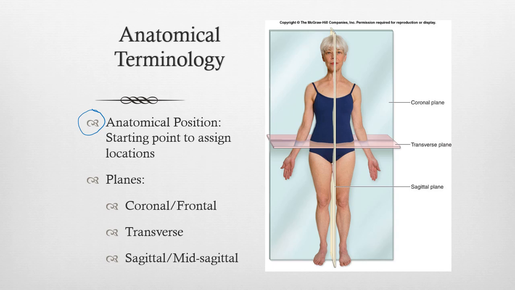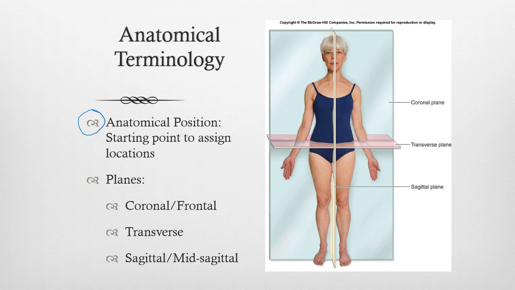And so anatomical position, much like the image here, we have the person standing upright. They're looking forward. Their feet are flat on the floor. Their feet are pointing forward. And in terms of their arms, their palms are also facing forward. So everything we see in this image is everything on the front of the body.